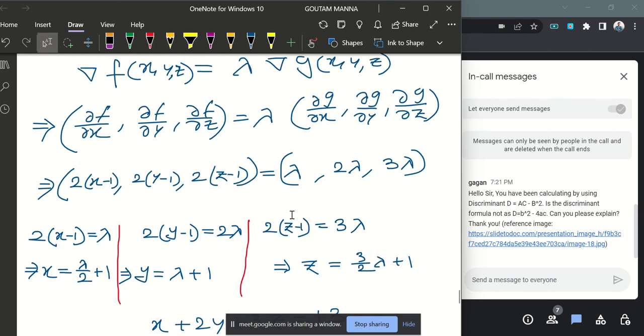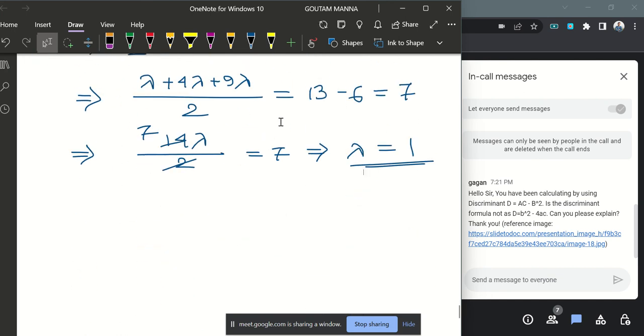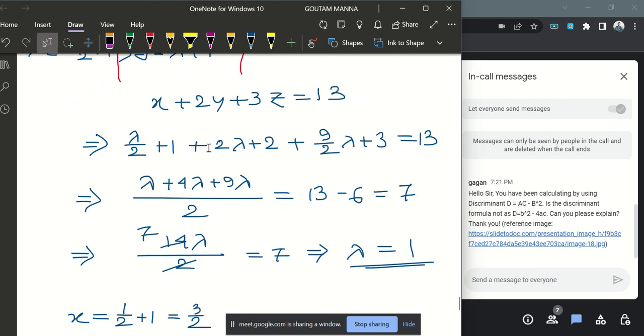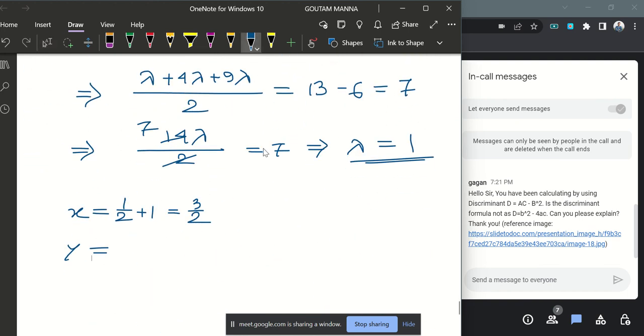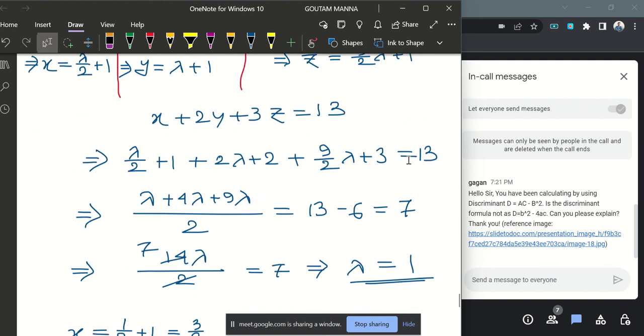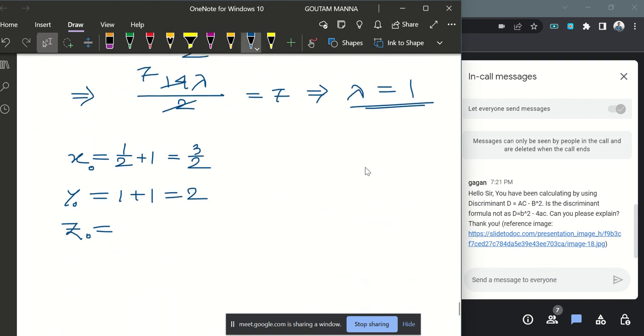Then you will get the desired point, let's call it x0, y0 and z0. x0 equals lambda by 2 plus 1, so that is 1 by 2 plus 1, that is 3 by 2. y0 equals lambda plus 1, that is 1 plus 1 equals 2. z0 equals 3 by 2 lambda plus 1, and lambda is 1, so it is 3 by 2 plus 1 equals 5 by 2.